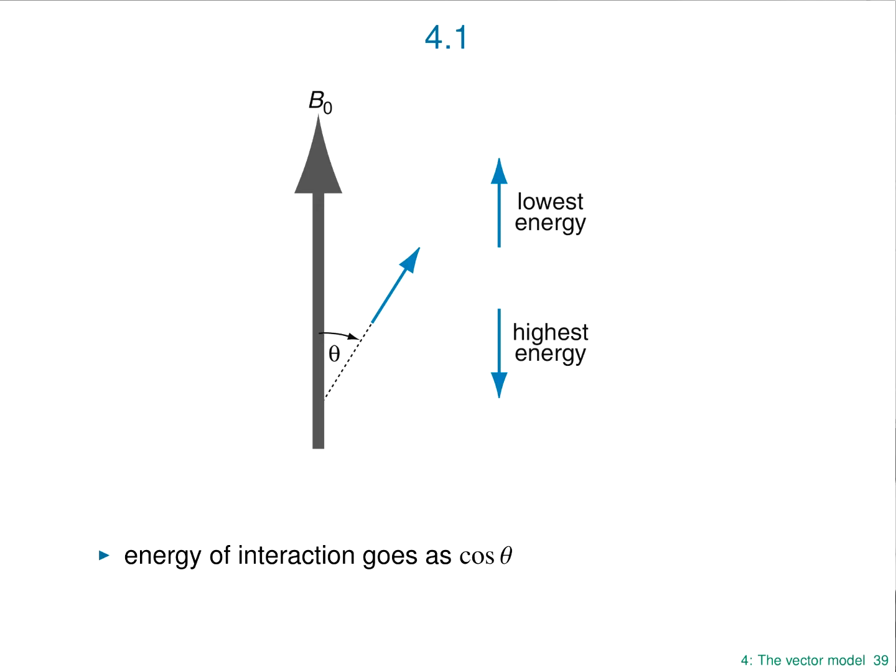So if the magnetic moment was aligned with the field, you'd get the lowest energy. And if it was aligned against the field, it would give you the highest energy. And the crucial thing that you have to grab here is that this angle, this alignment, can be at any angle.